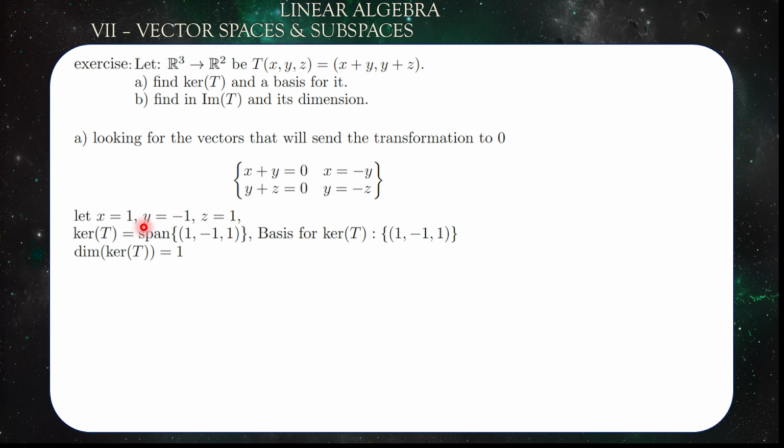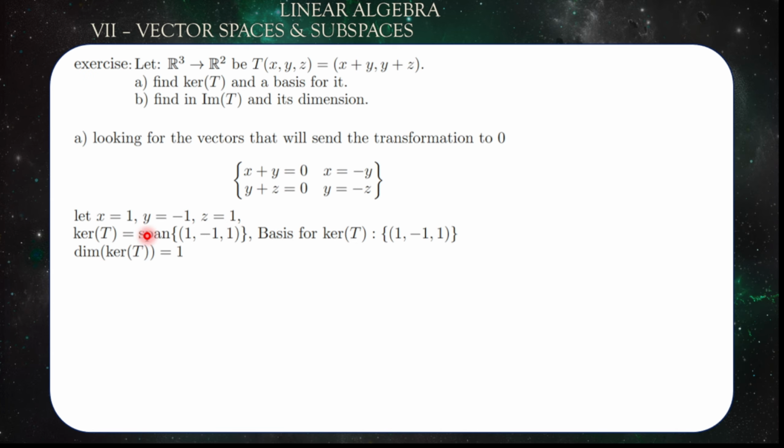Now we need to parameterize a value. So let's say x is equal to 1. Then since x is equal to minus y, y is equal to minus x, which is minus 1. And since y is equal to minus z, z is equal to minus y, which is plus 1.